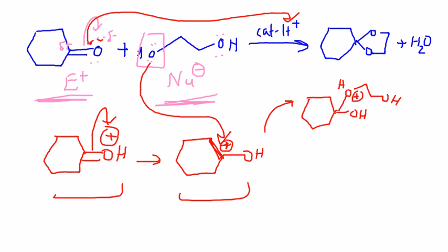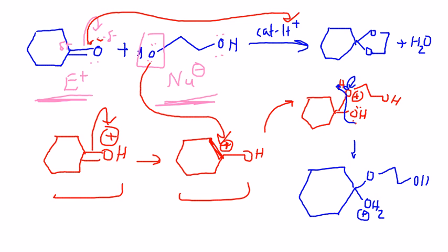Now realize that you have an oxygen with a positive charge, and then another OH next door, which is right now neutral, and it is so close that it can simply pull that proton off that oxygen. In that sense, it's going to generate the species. OH2 is going to want to leave.